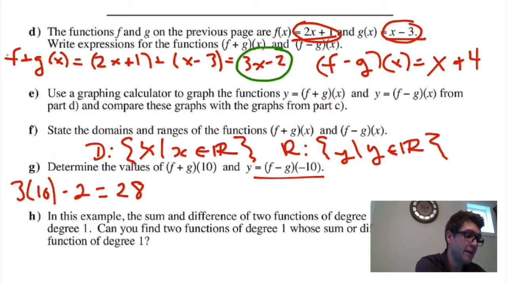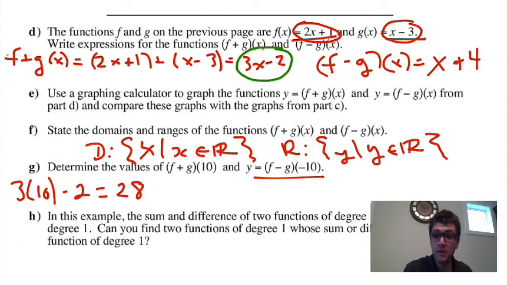There's quite a neat step down here in h to solve for functions of degree 1, but they're not linear. Does this case ever happen that when I'm adding or subtracting two linear functions that my result is not of degree 1?